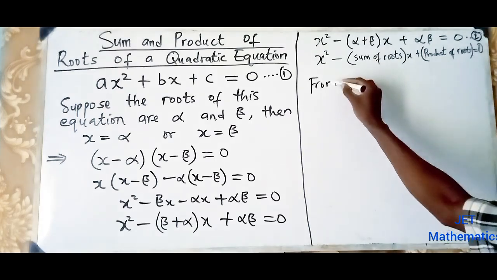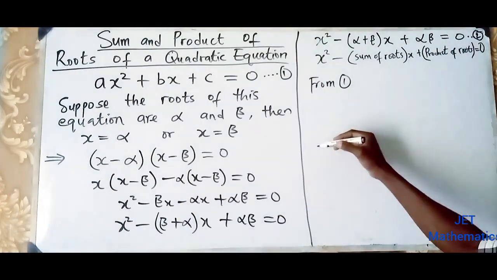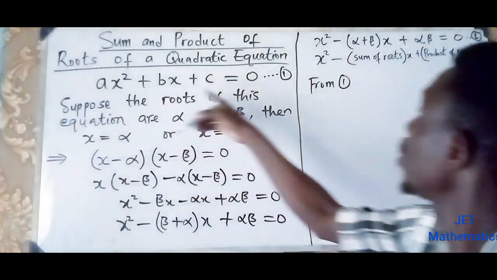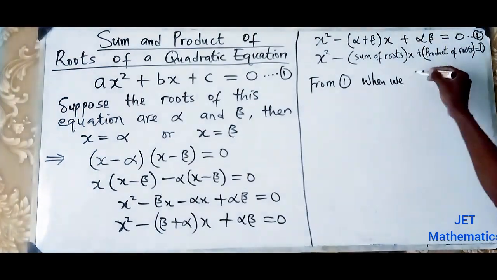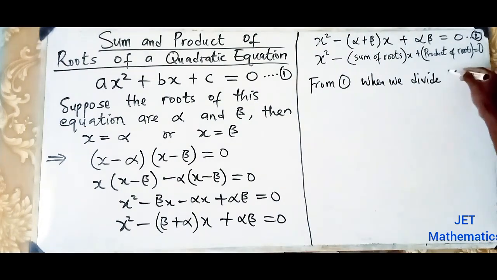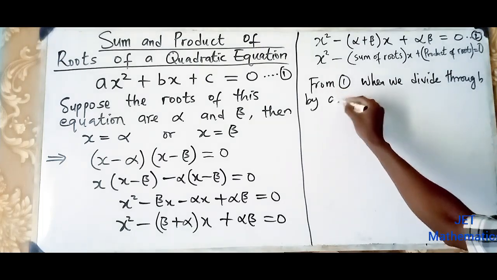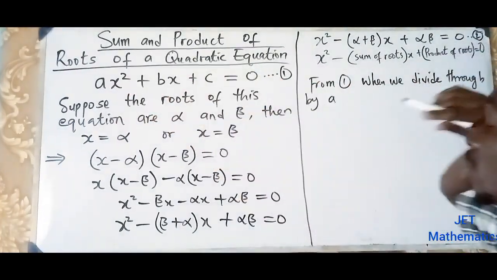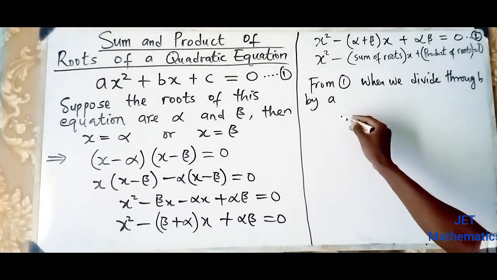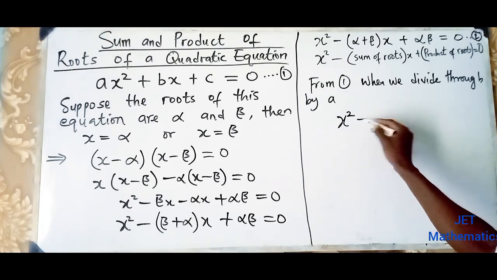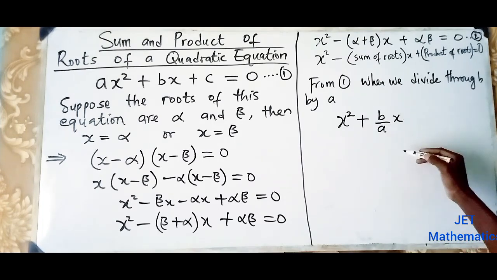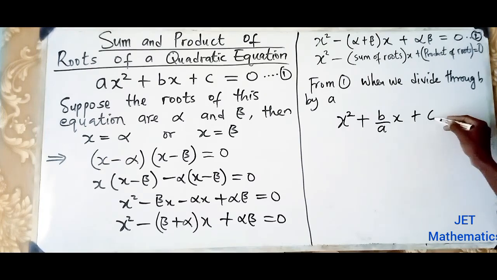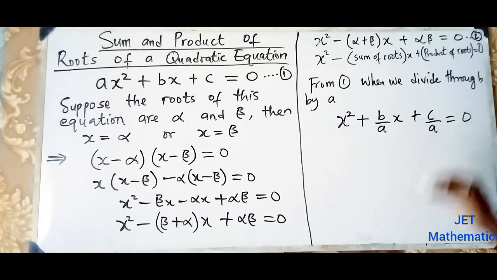Now from equation 1, when we divide through by a, remember this is equation 1, we have x squared plus b over a x plus c over a equals 0.